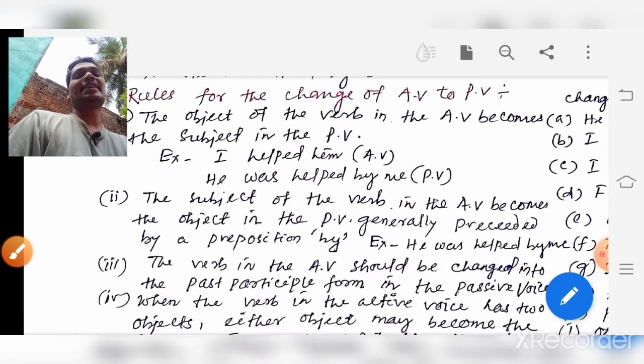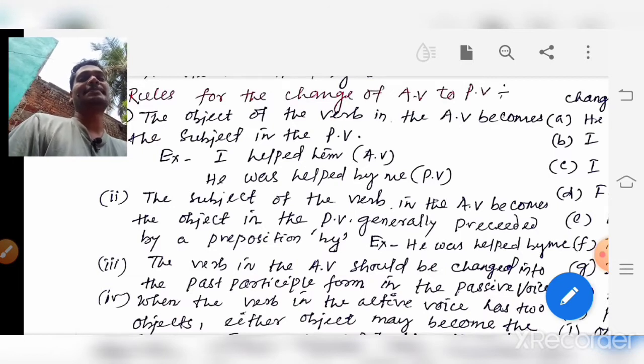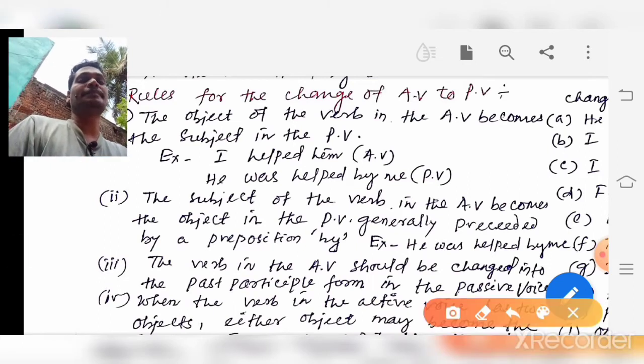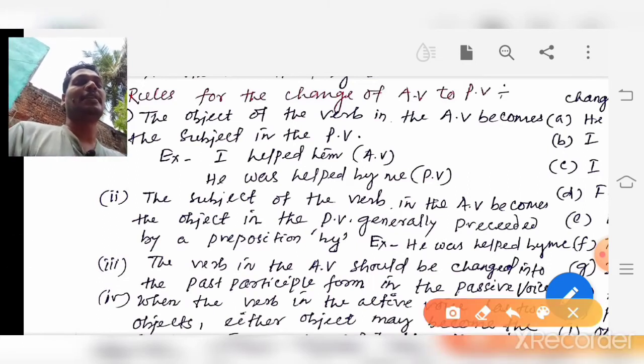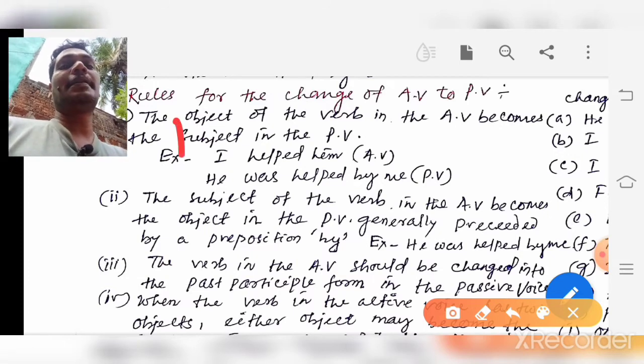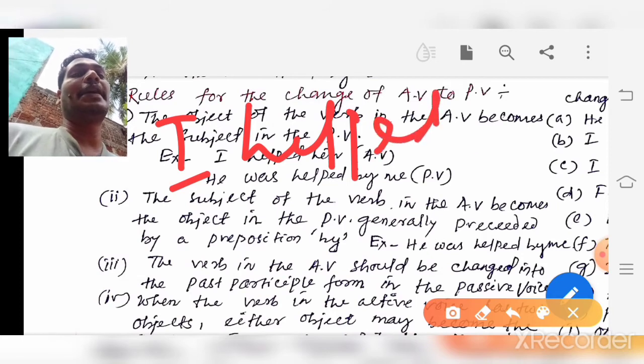He was helped by me. Then the second rule: the subject of the verb in the active voice becomes the object in the passive voice, generally preceded by the preposition by. For example, I helped him.